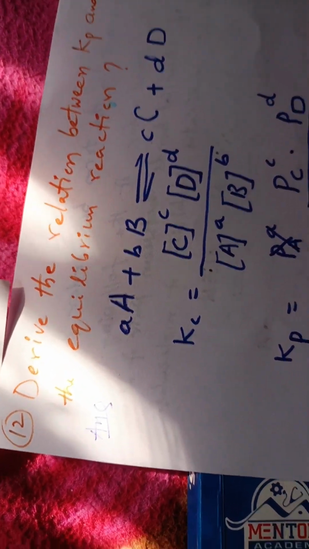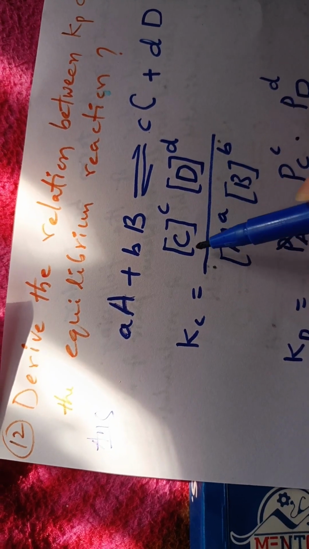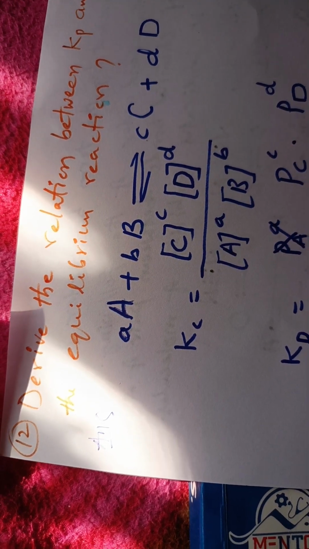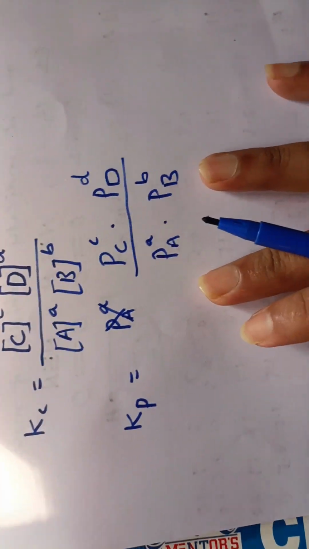This is the equilibrium constant with respect to pressure, and the earlier one is the equilibrium constant with respect to concentration. Square brackets indicate concentration, P indicates pressure.